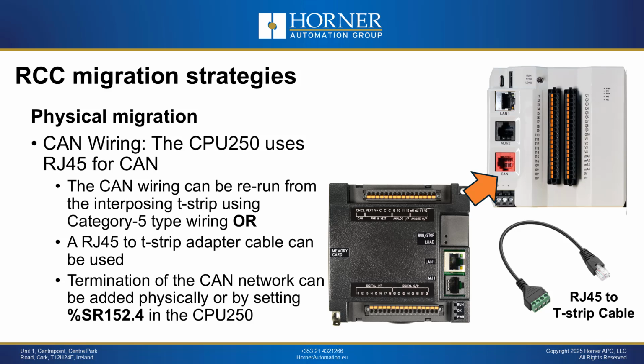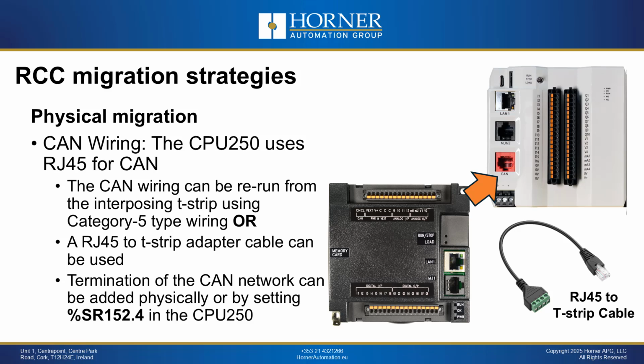Now what about termination? Well, with the RCC, if you are using CAN and the RCC is on the end of the network, then almost certainly you have a physical resistor plugged in at the end of the CAN network on the RCC.